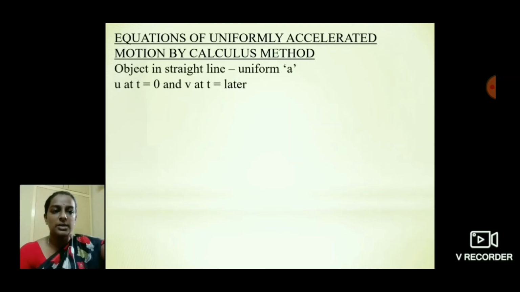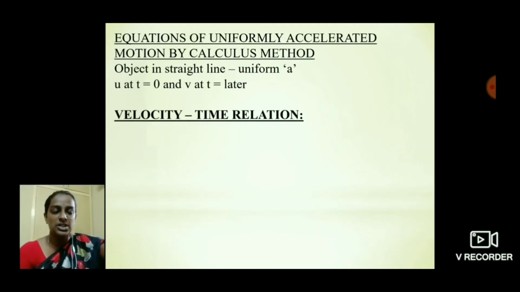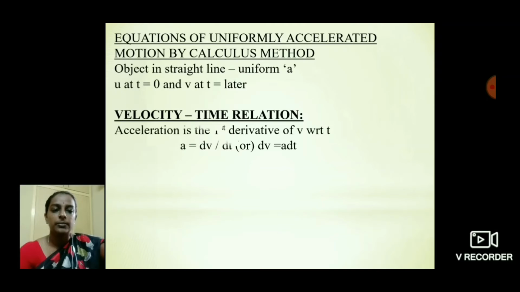Next, equations of uniformly accelerated motion by the calculus method. Consider an object moving in a straight line with uniform acceleration a, initial velocity u at t equals 0, and later the velocity will be v at time t. So the velocity-time relation: acceleration is the first derivative of velocity with respect to time. So a equals dv by dt, or dv equals a dt.